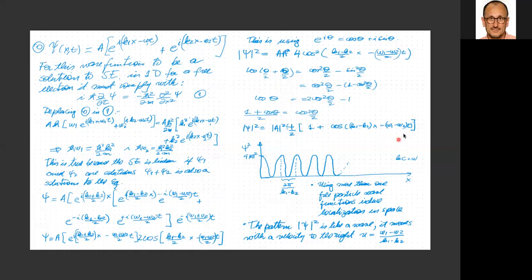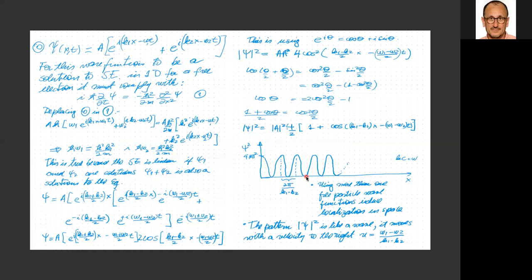If I turn on the time, which is always turned on, but when I turn it on in the equation, this thing is going to start to move in that direction. So what do I get? I get a distribution that has two things. The pattern has localization.